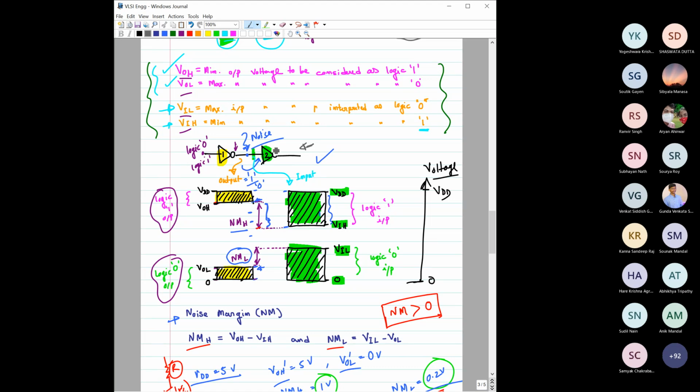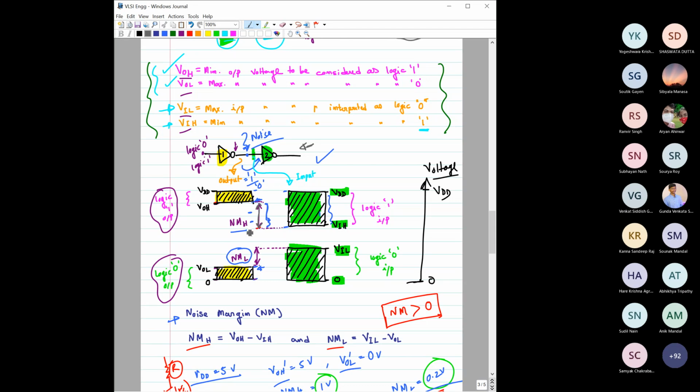Similarly, for the second gate, the valid input voltage to be considered as logic 1 is this much. Then definitely this much error or noise this gate can still handle. If the noise level is within this, that particular voltage will still be considered as a logic 1 input by the next gate.